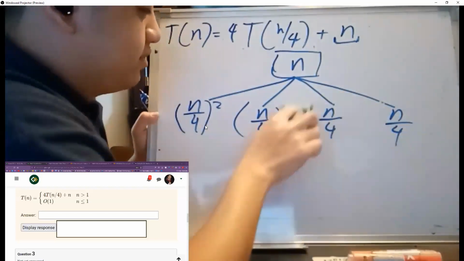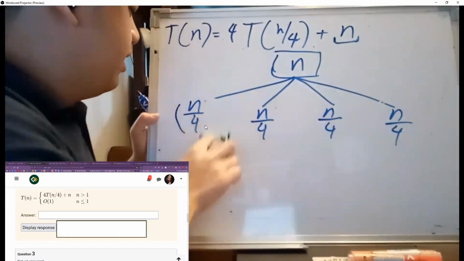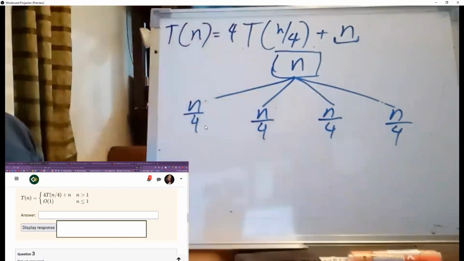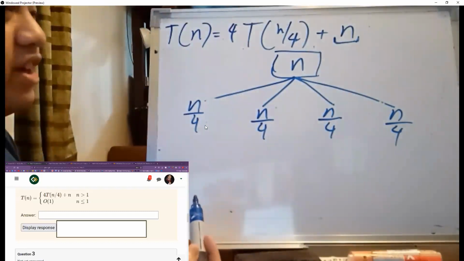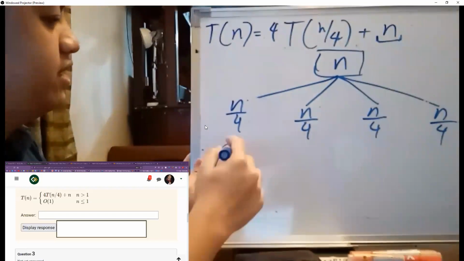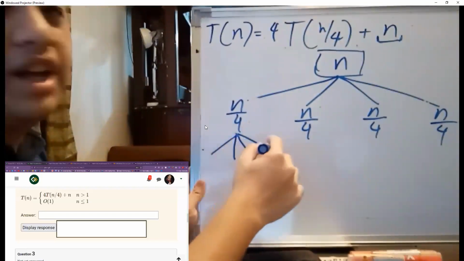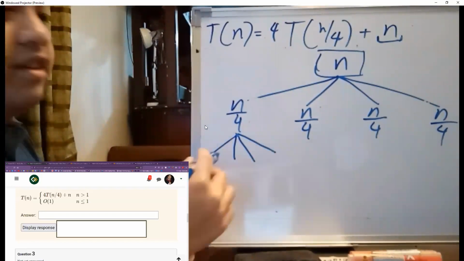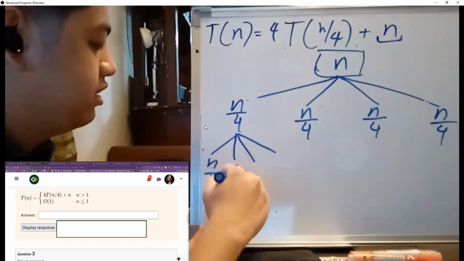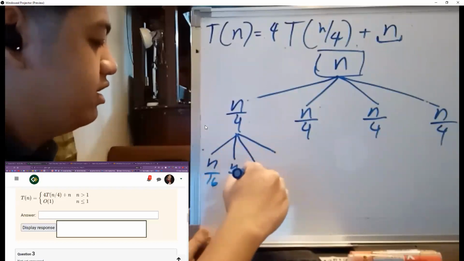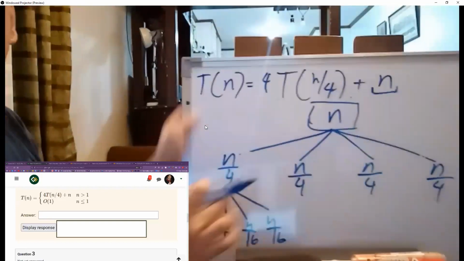So, continuing with our expansion ng ating recursion tree. Itong n over 4 is gagawa din siya ng 4 na terms. Naubusan na ako ng space. Yung n over 4, gagawa siya ng n over 16, n over 16, n over 16, at n over 16.